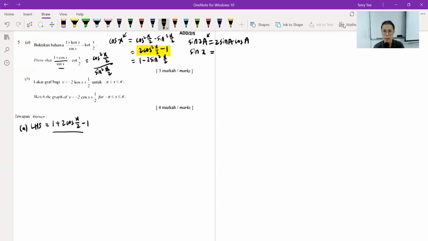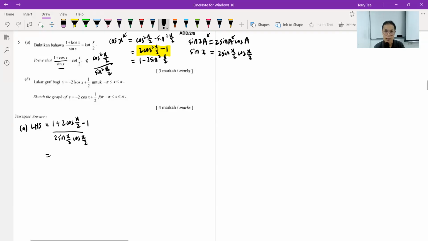If this is 2a, this is a, right? So a is half of the left-hand side. So x is on the left. Right-hand side, I must write x over 2. And this is cos x over 2. Okay, next, I'm going to put this inside here. 2 sine x over 2 cos x over 2.